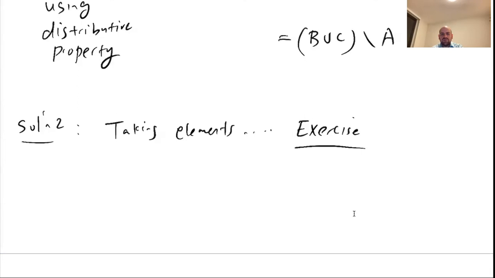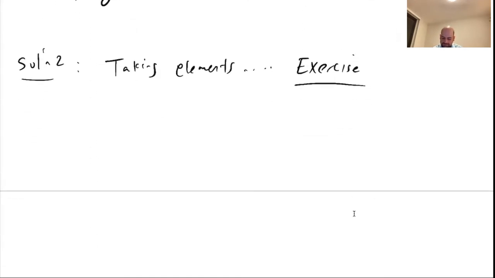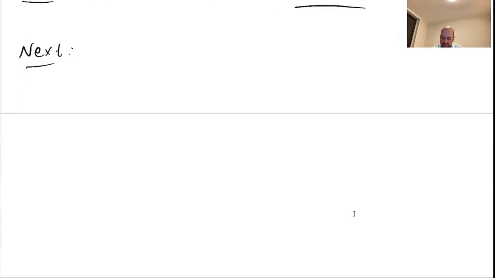Now, the next topic we want to look at is generalized unions and intersections. So next we look at generalized unions and intersections.